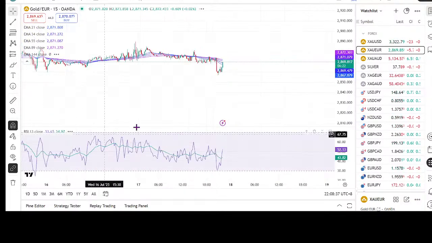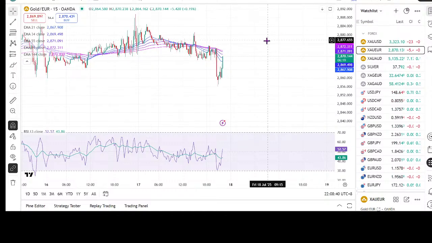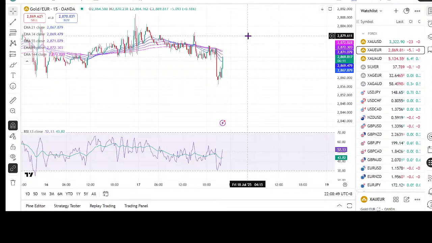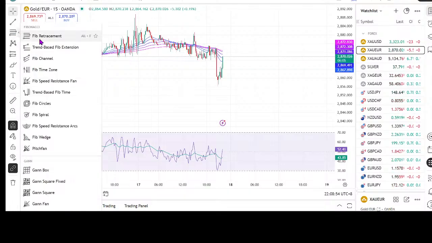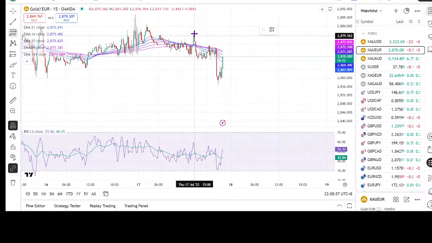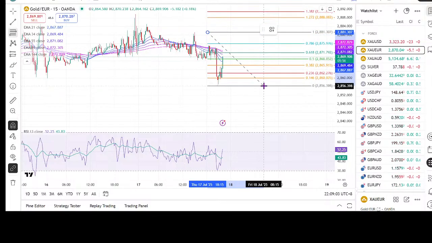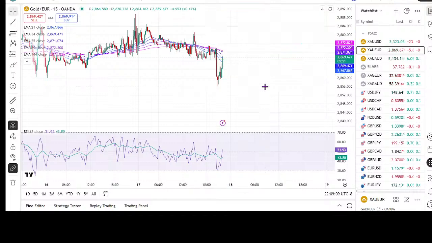So it looks like we have to go for a re-entry somewhere near 74, and the stop has to be, let me see the stop. Okay, 80, 85.